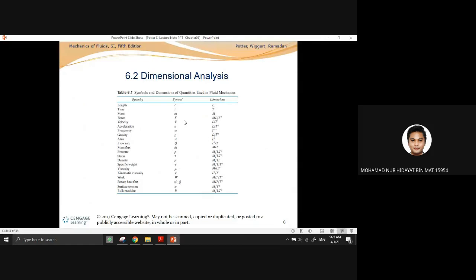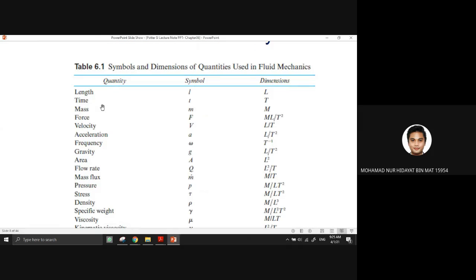Basically, this is the summary of all the dimension analysis. For the length, I would like to share with you the symbol is L. The dimension is L. The time, the symbol is small t, and the dimension is capital T. And the mass, which is M, the dimension is capital M. Remember that the dimension always uses capitals, right?